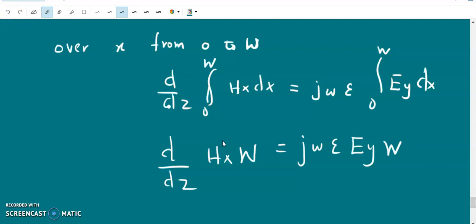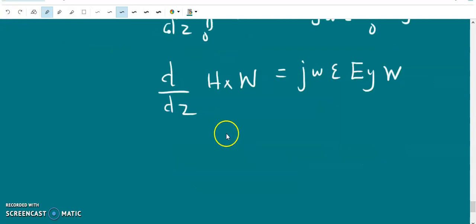Multiply both sides of the equation by a negative sign, we get this. And we know that this Hx is equal to having magnitude of Jsu. We have already seen this. So, this is the magnitude of Hx. So, Jsu Hx into w means Jsu into w.